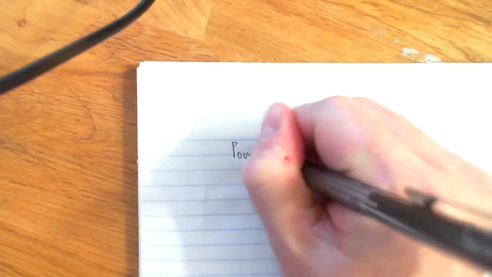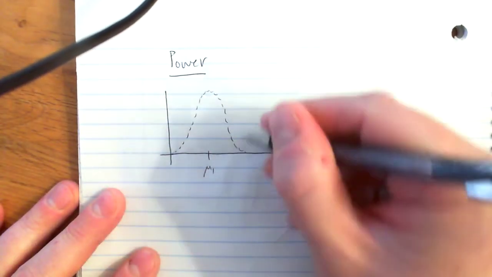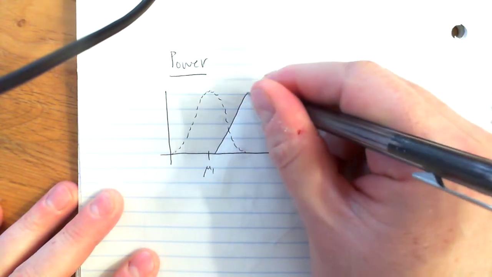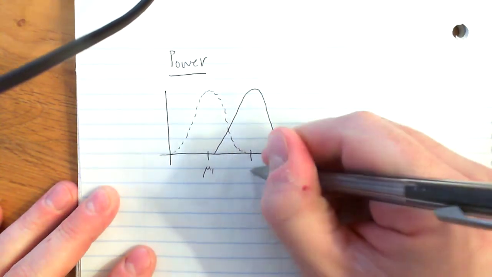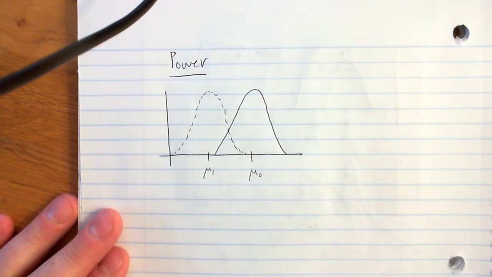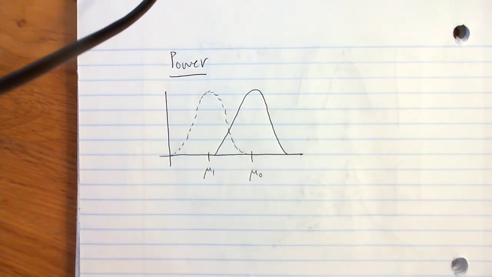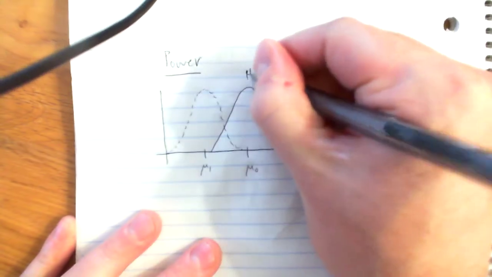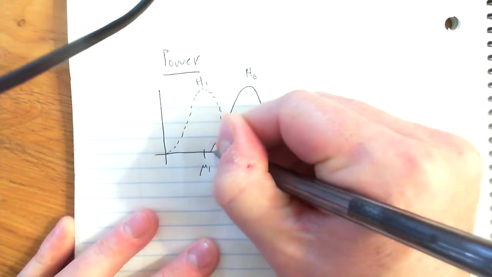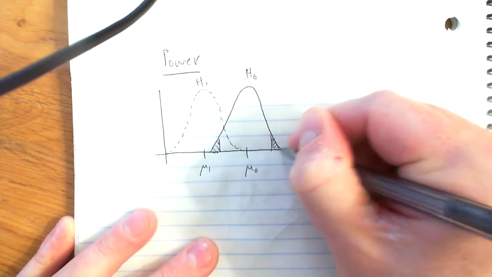But at the core, when we're talking about power, we're imagining the situation. This won't always be true, but we're imagining the situation where there is a difference. And we're looking at the experimenter, watching her do the experiment, and we're saying she's going to reject H0 if she gets a value over here or over here.